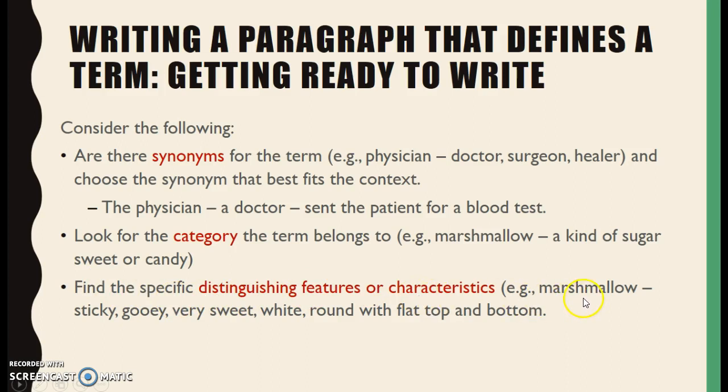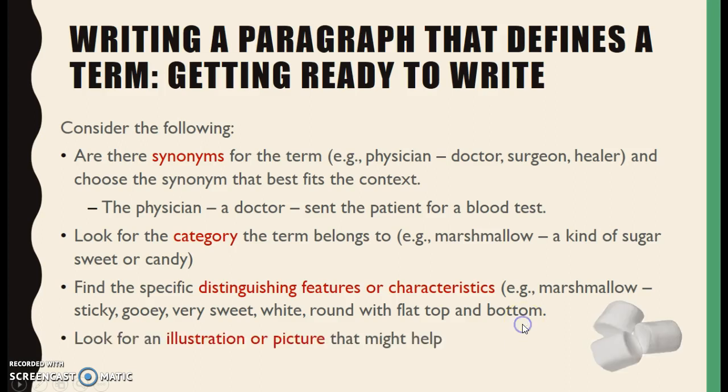What makes a marshmallow a marshmallow? Well, it's sticky and gooey, and it's very, very sweet, and it's white, and it's round with a flat top and a bottom. And finally, we might want to look for an illustration or a picture that will help our reader understand what exactly we're talking about.